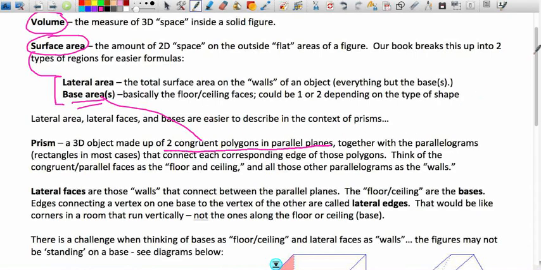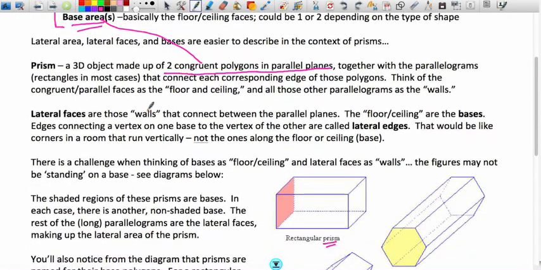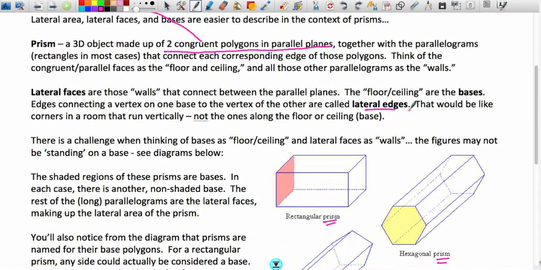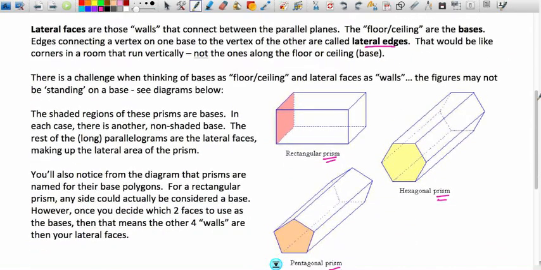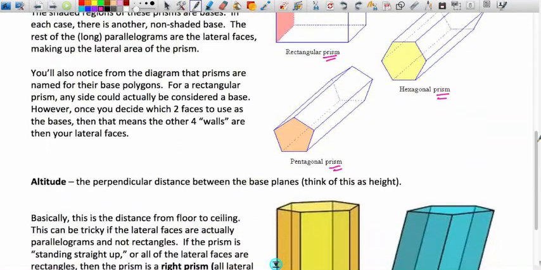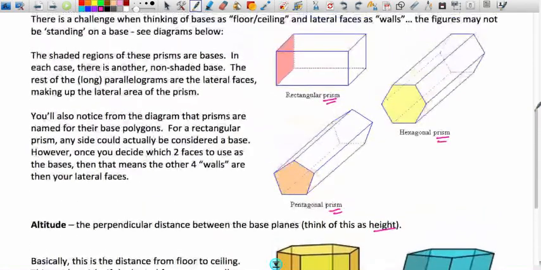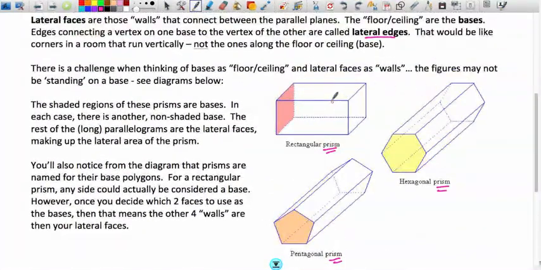Okay, and then typically, as you'll see from the note below, the lateral faces have what are known as lateral edges, and in the case of right prisms, those lateral edges are essentially the altitude or the height of the figure. And if we move down, you can see the altitude is the perpendicular distance between the base planes, which really is height, as I referenced. What we need to be able to do is find the area of these figures, which means finding the area of the two bases.